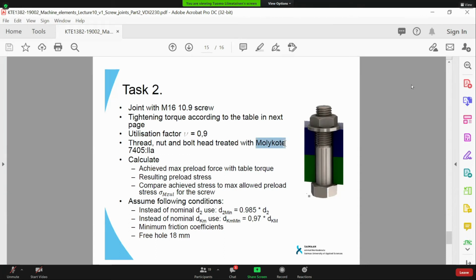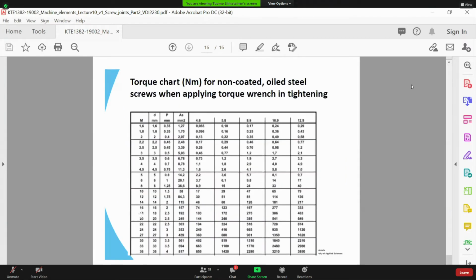In some cases it's absolutely necessary, but it gives you the idea of how big an effect the friction has on the preload. It has a huge effect. If we would have used normal frictions, we would probably have been on the safe side on the stress, and it would be okay.